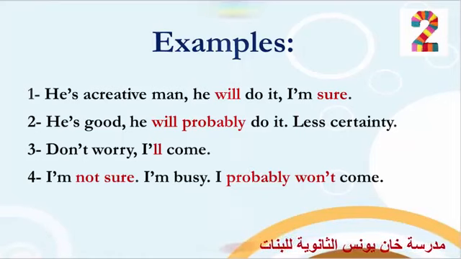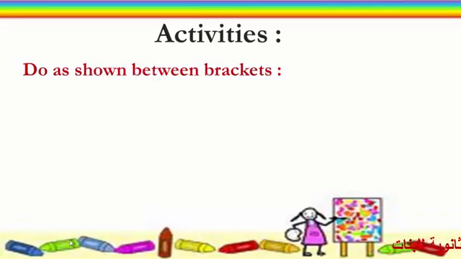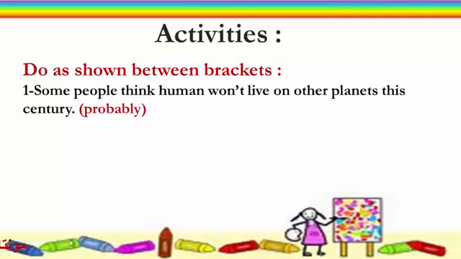Don't forget that. We have here an activity about what we have discussed before about using possibility and certainty. The title of the activity is do as shown between brackets. Let's see number 1. Some people think a human won't live on other planets this century. Please use probably and choose the right location for it.